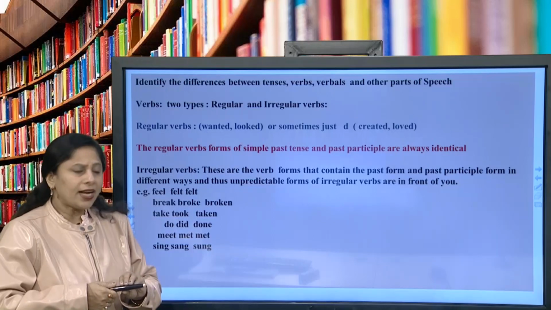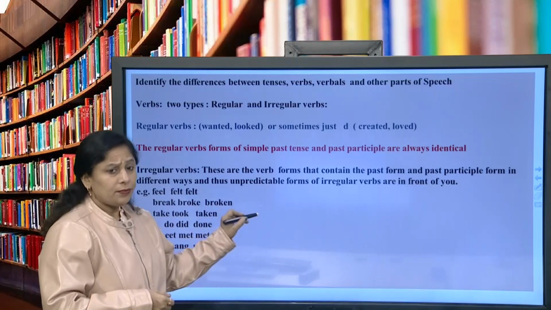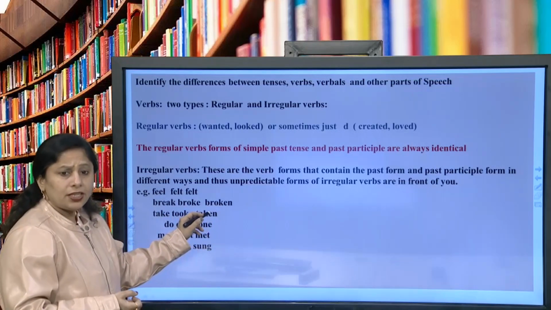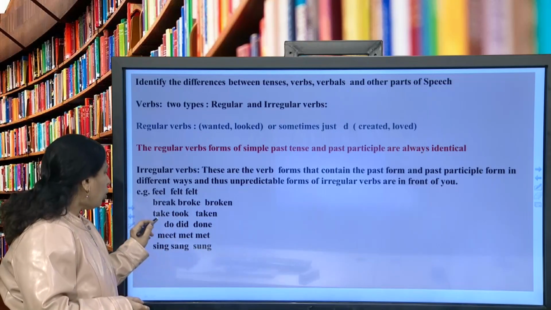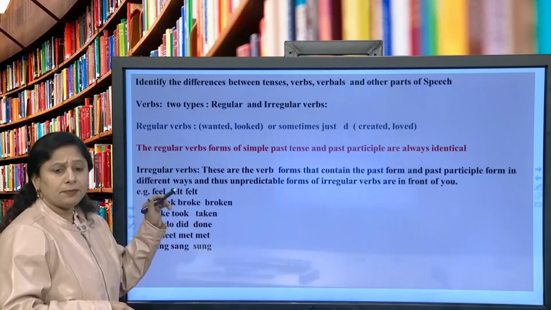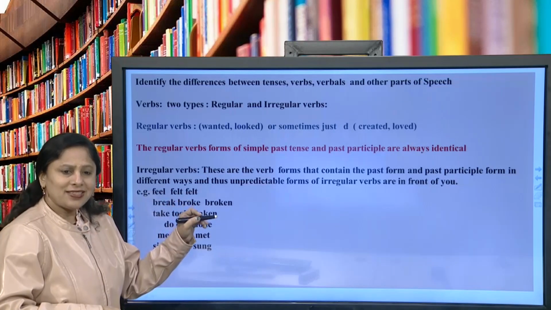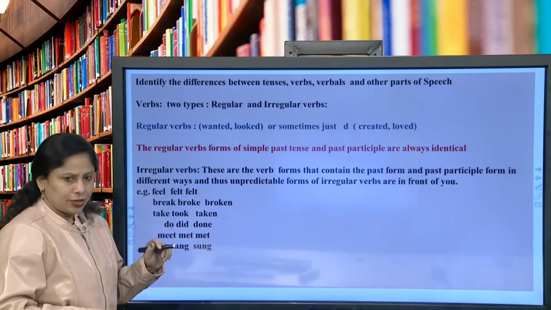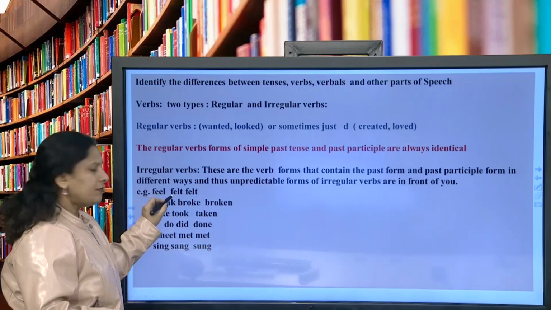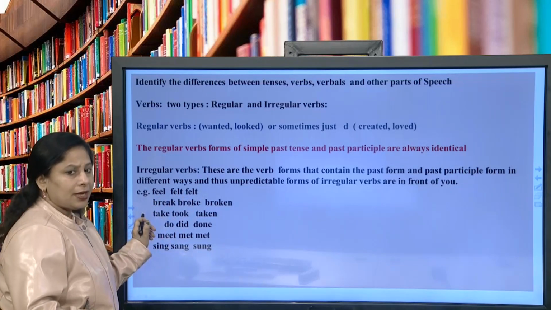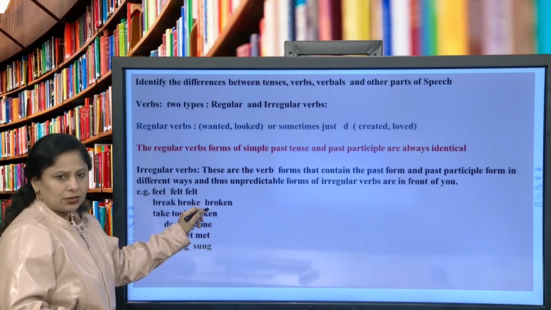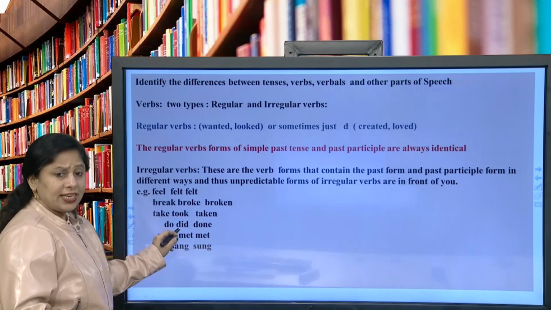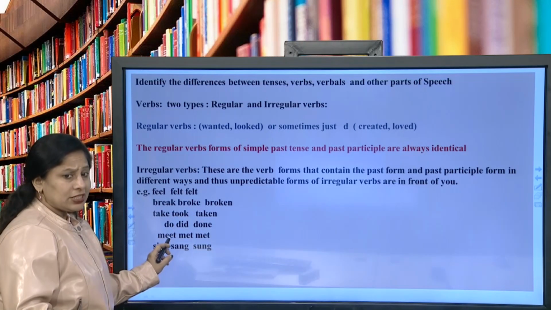It shows that the past form would be different, the past participle form would also be different and it may happen that almost all the three forms of simple present tense, past tense and past participle forms would be quite different. As for example, feel, felt, felt, then break, broke, broken, take, took, taken, do, did, done, meet, met, met, sing, sang, sung.